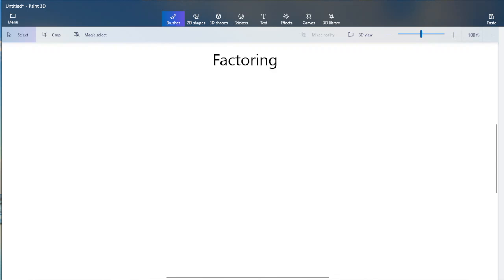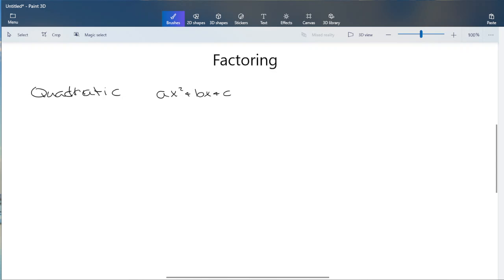So the first thing I wanted to talk about is what it looks like for something to be quadratic. So for us, a quadratic is something that has the form ax squared plus bx plus c, okay?